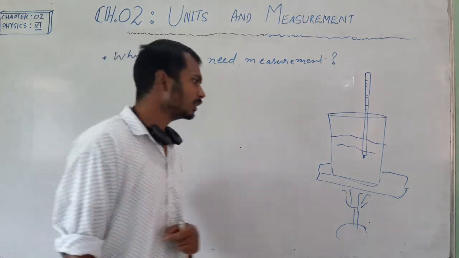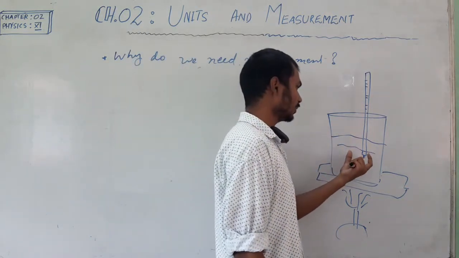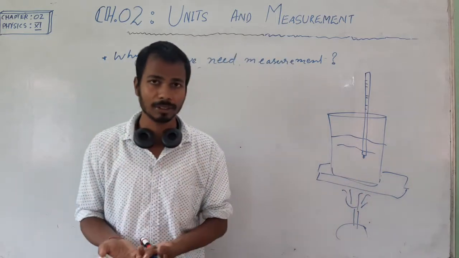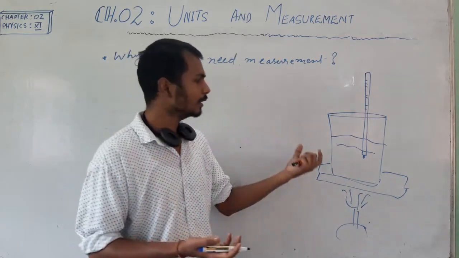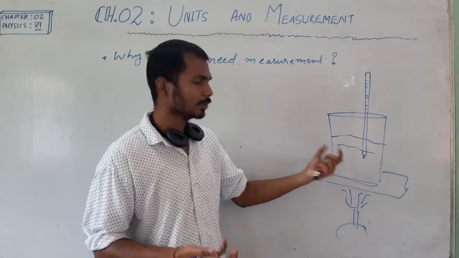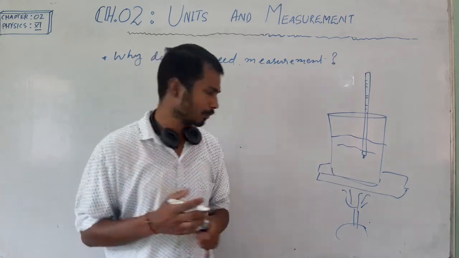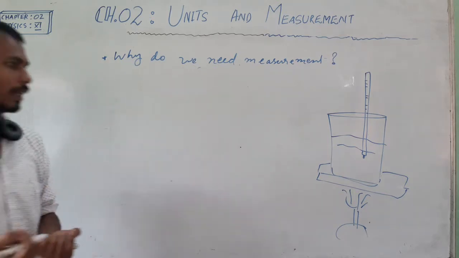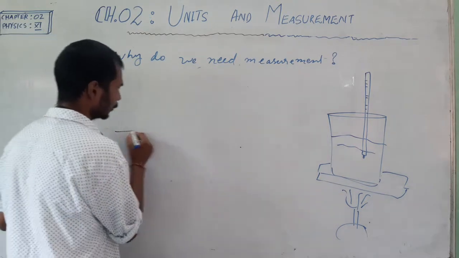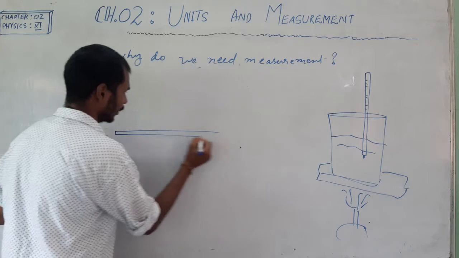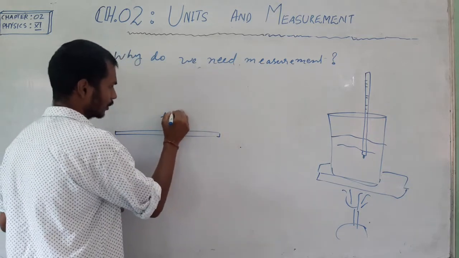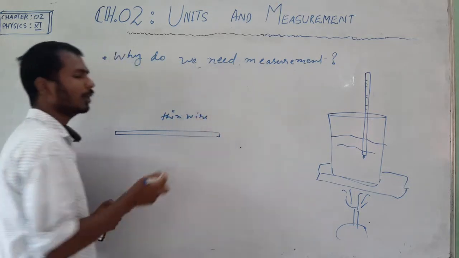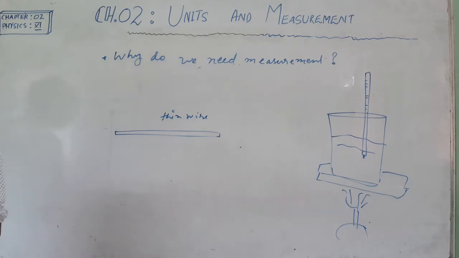So for this boiling point, you have to do some measurement. Now again, if you are given a thin wire and you are asked to find the diameter of the wire, what will you do?